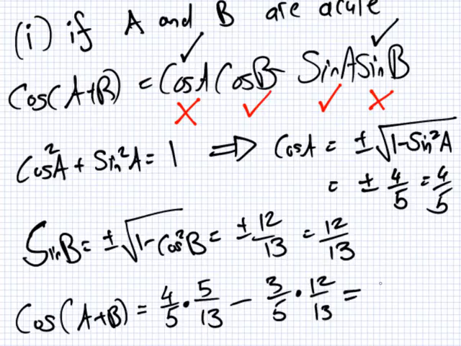So this will be 20 minus 36, on the top I mean. 20 minus 36, so that's minus 16 over 65. 5 and 5 will cancel. So it's minus 16 over 65.